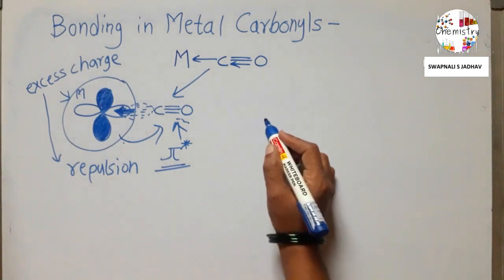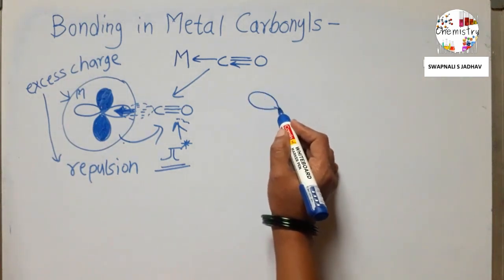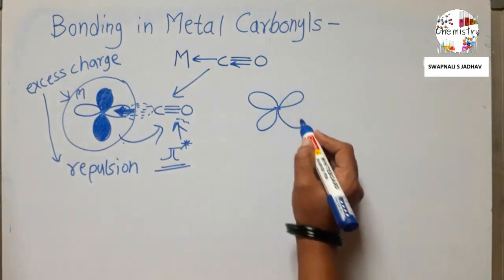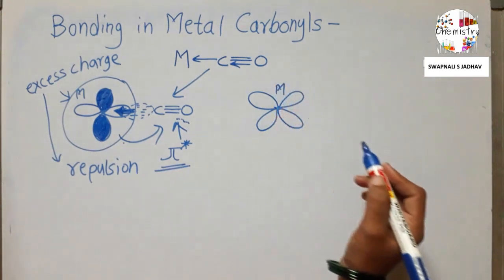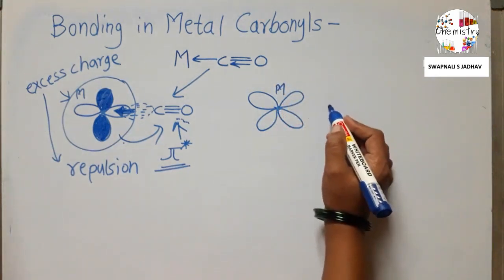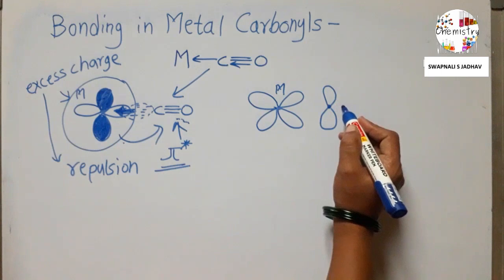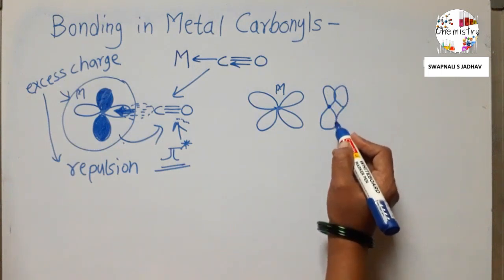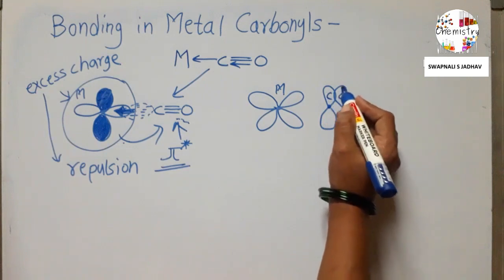Likewise, this is a dumbbell shape orbital, the d pi orbital of the metal atom. So this is the metal, and the carbonyl having a p orbital. This is the carbonyl group.